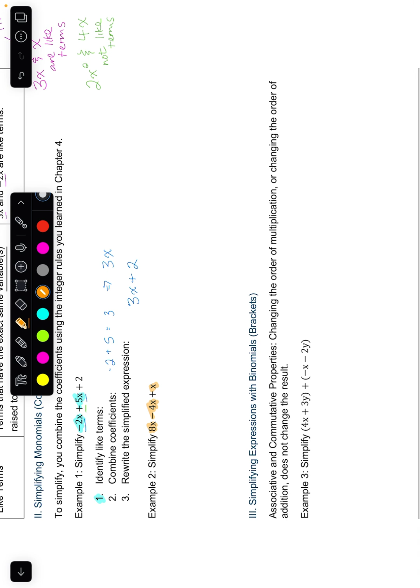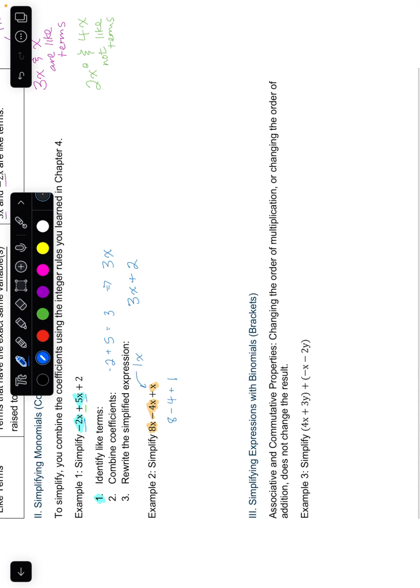We now need to combine the coefficients. And when we do that, we just take our 8 minus 4, subtract 4, and then add 1. So remember, this is the same as 1x. So when we see the x by itself, it just means 1x.